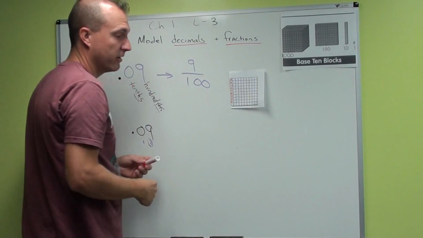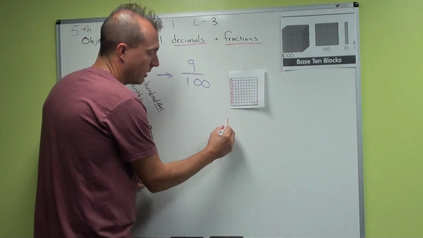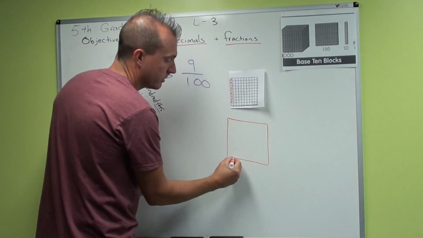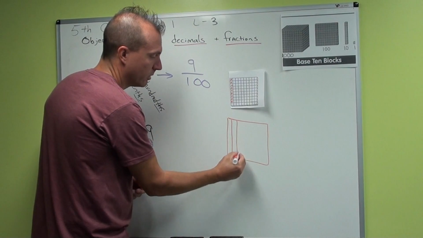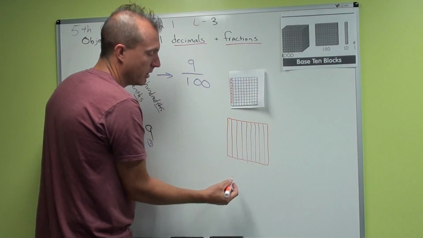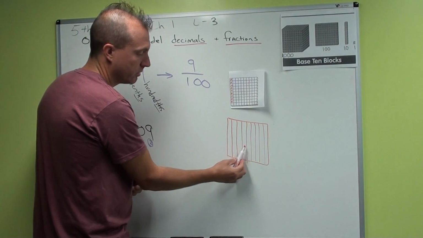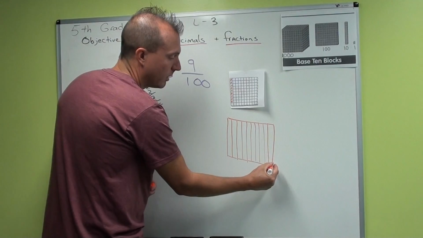That represents that. If you were doing this by yourself and you wanted to draw it and make sure it looks good, you could just make your rows. And you should have 10. 1, 2, 3, 4, 5, 6, 7, 8, 9. And then I have to add one more row on.